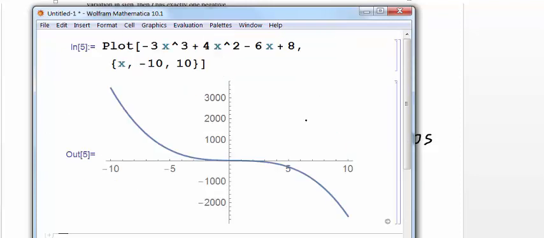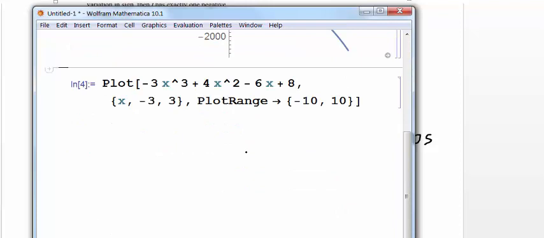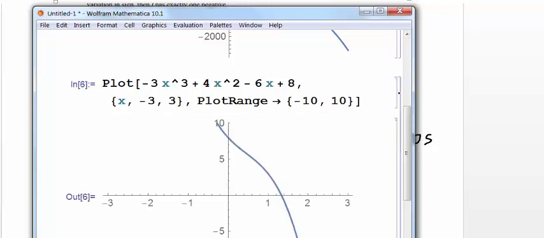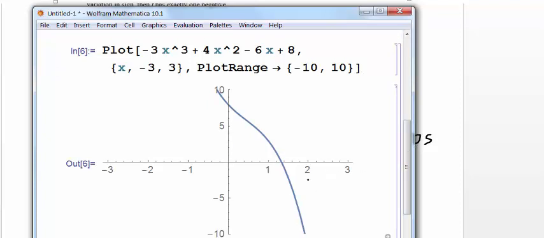So I notice how y is ranging from below negative 2,000 to above positive 3,000, and my x was going from negative 10 to 10. I'm going to zoom in closer. So I'm going to take x from negative 3 to 3 and y from negative 10 to 10. And notice how that allows me to see that there is exactly 1 positive real zero.